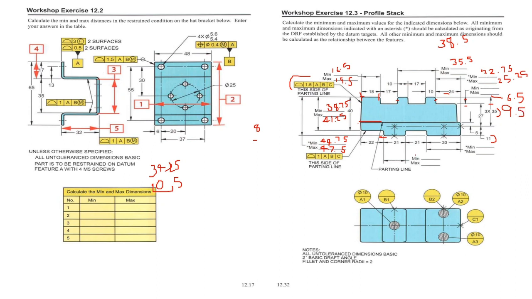Then in this one, the maximum and minimum value for this distance, which is 21. The profile tolerance is 1 on this side. So 21 minus 1, the minimum is 20 and the maximum is 22. And similarly for this side, the size is 33. 33 minus 1 will give us the minimum value, 32.